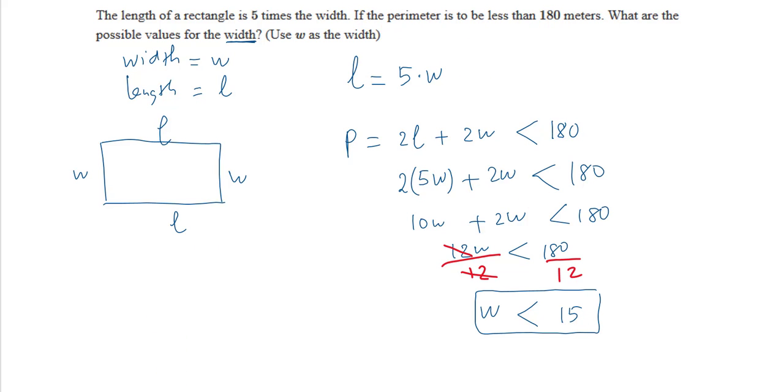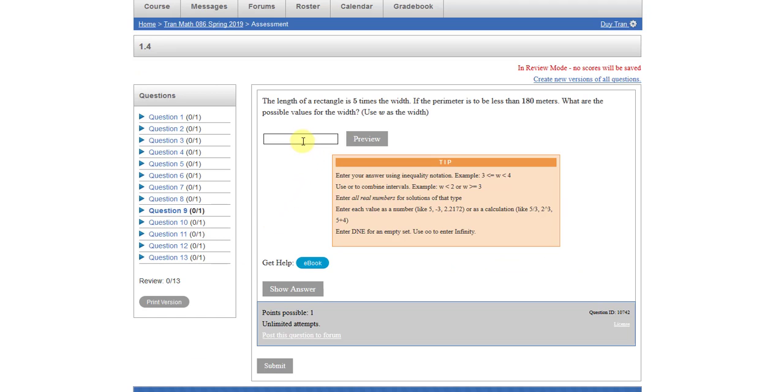Okay, let's go back to here. They ask what the possible values for the width are. We're going to answer W less than 15. That should be the answer. Submit it.